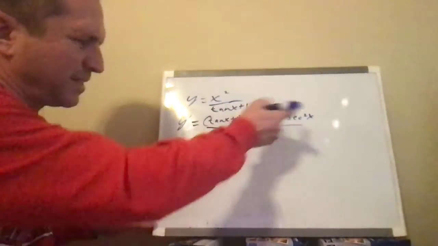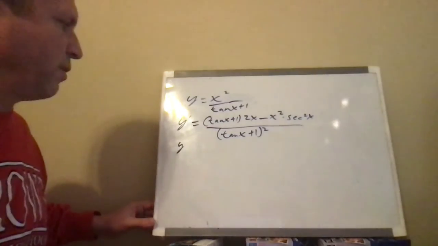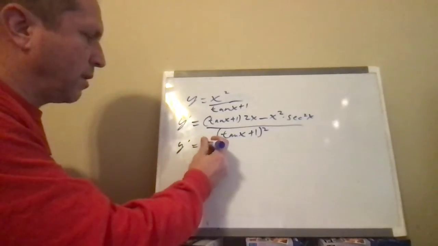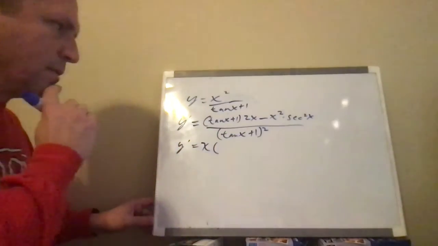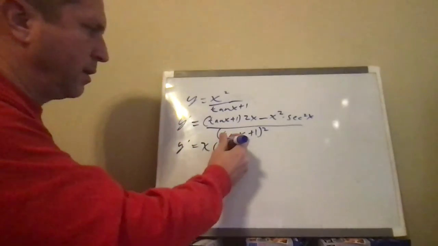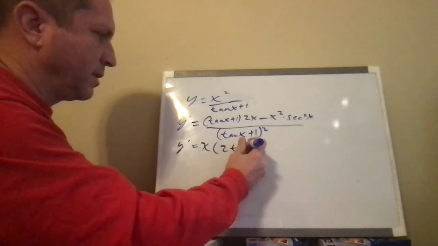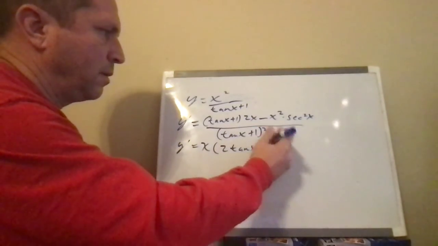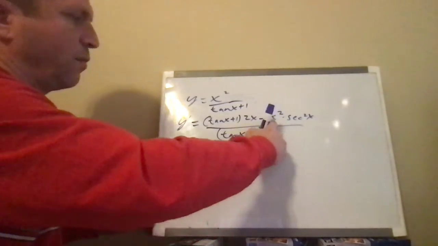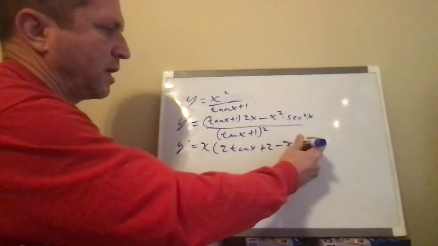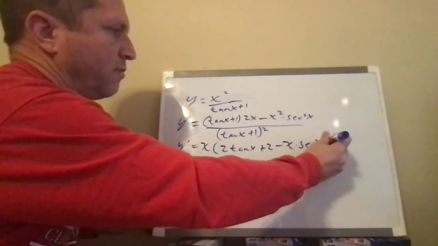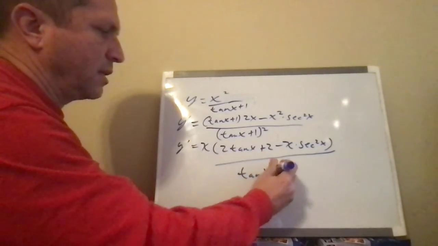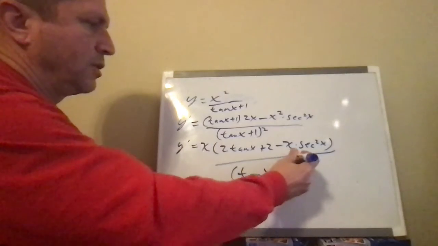You could actually leave it like this if you wanted to, but there is an x in common with both terms, so I'll pull out an x. Then I'll be left with 2 times the tangent of x plus 2 minus x times the secant squared of x, all over the tangent of x plus 1 squared.